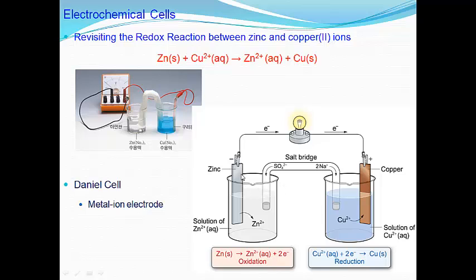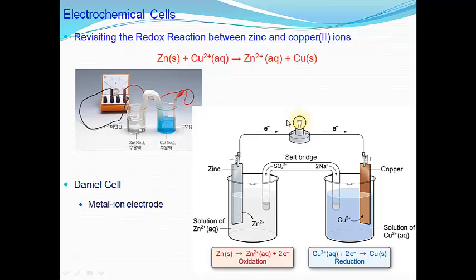Alright, so instead of having the voltmeter connected, we have a light bulb connected to the external circuit. The fact that there is a light bulb connected and it's lighted means that there's the passage of current. On this side of the electrochemical cell, where we have the zinc submerged into zinc nitrate, or sulfate or whichever salt, we have oxidation.